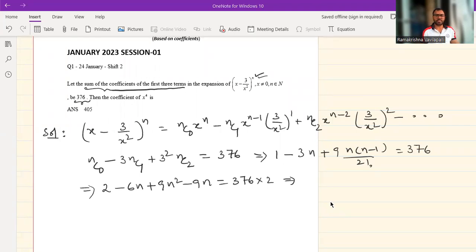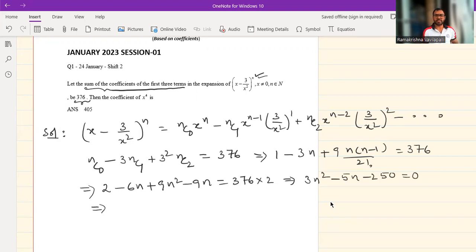After simplification of this expression, it may take a few seconds, but still I am writing: 3n^2 - 5n - 250 equal to 0.